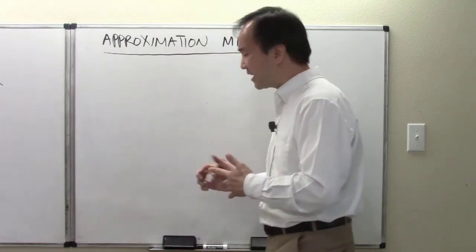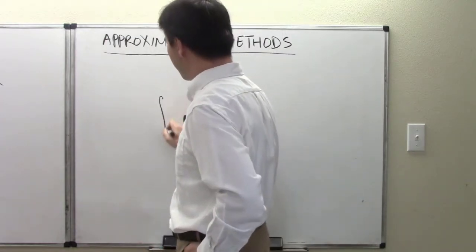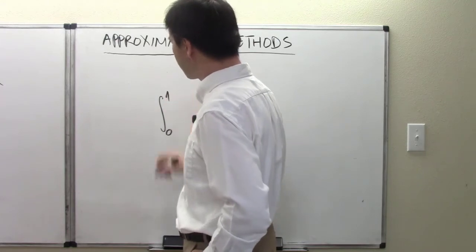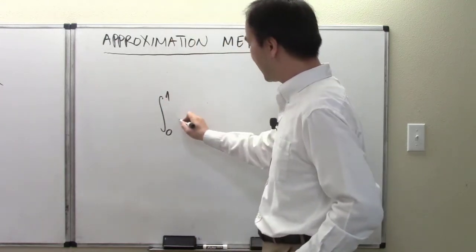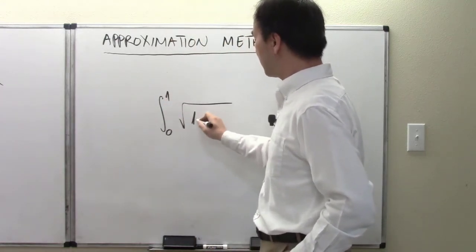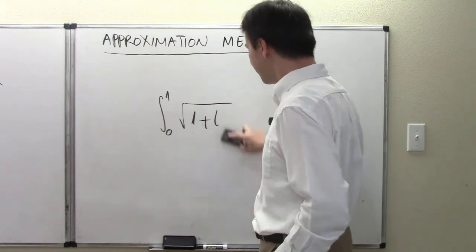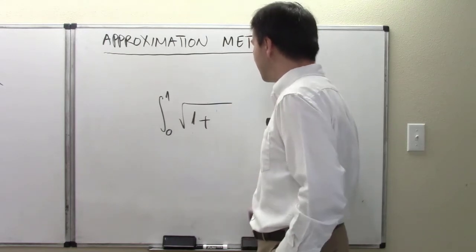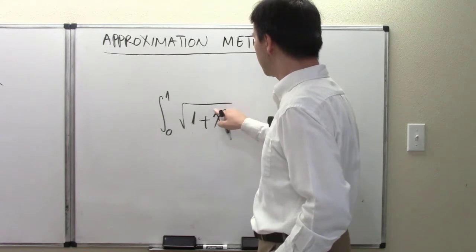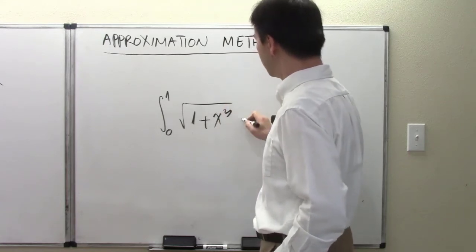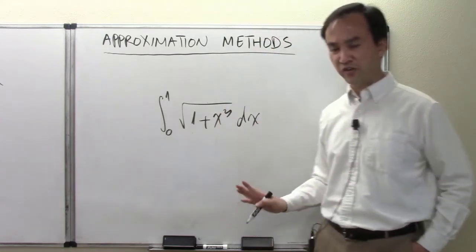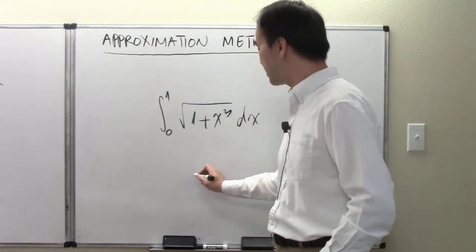There can also be a few other ones. Let's say we have a definite integral from 0 to 1, and our function is the square root of 1 plus x cubed.